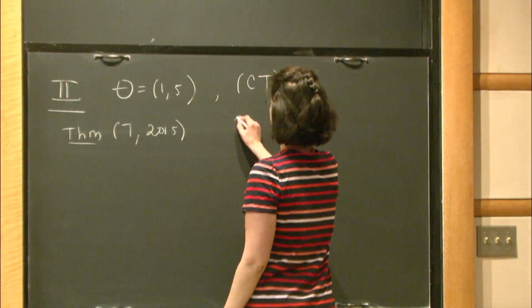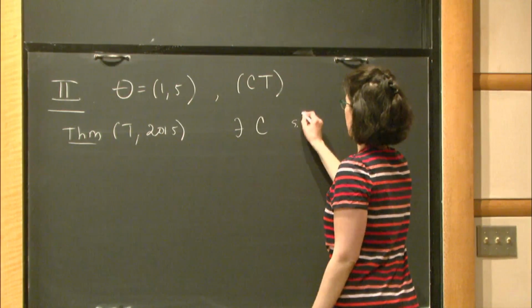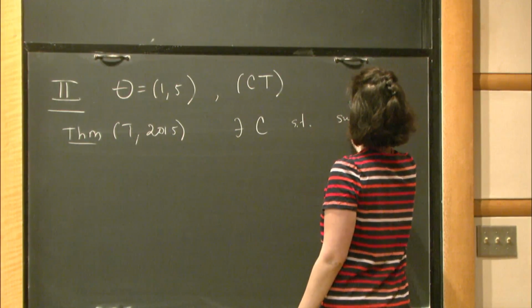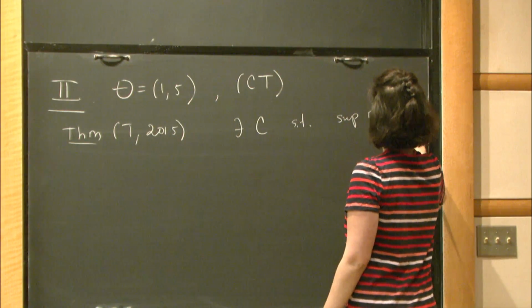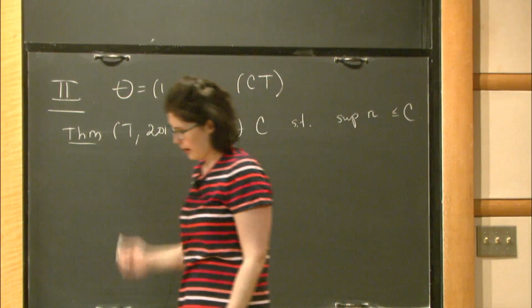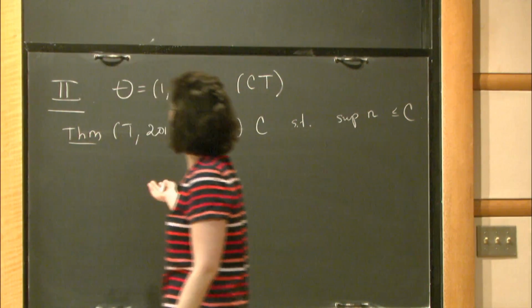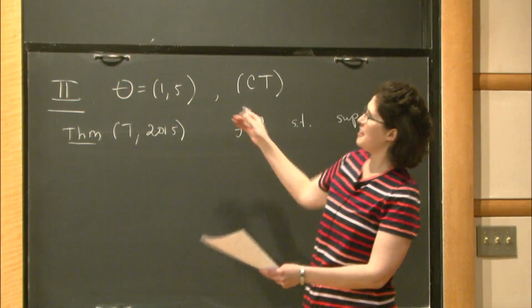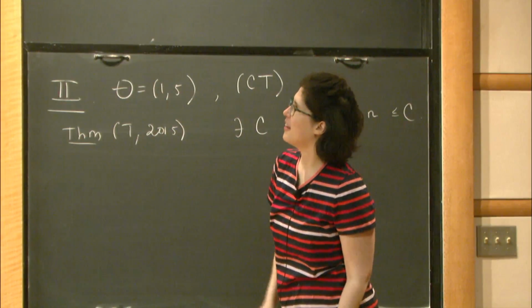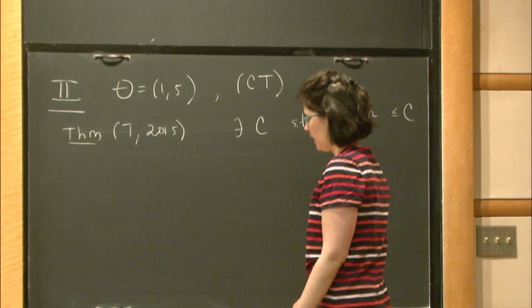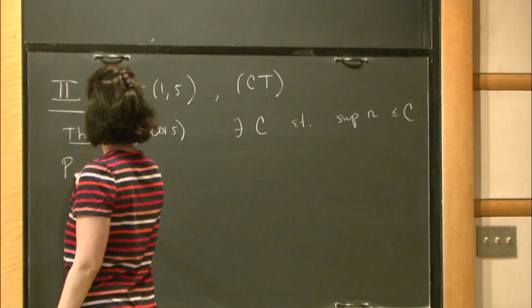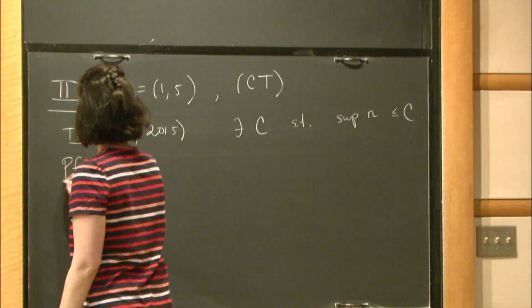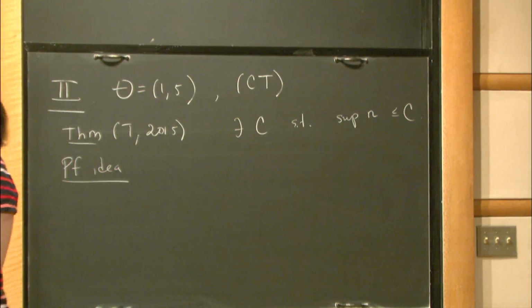So there exists a constant such that... But this constant, in this case, really depends on the number 5. The proof really doesn't work for the 0 infinity case. So maybe, because I really like it, I'll tell you the proof idea. The constant gets bigger and bigger as 5 gets bigger. So what's the idea?